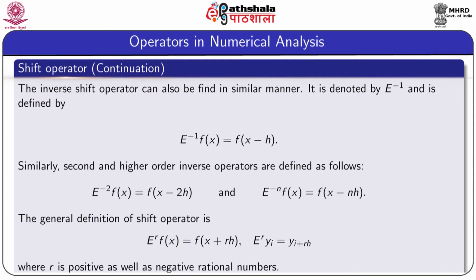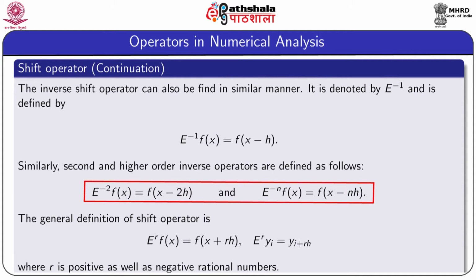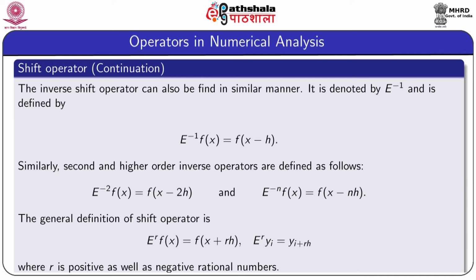We shall also define another operator called the inverse shift operator. That one is denoted by E to the power minus 1 and defined by E to the power minus 1 f x equals f of x minus h. The second order inverse shift operator is denoted by E to the power minus 2, defined by E to the power minus 2 f x equals f of x minus twice h, and in general E to the power minus n f x equals f of x minus n h.